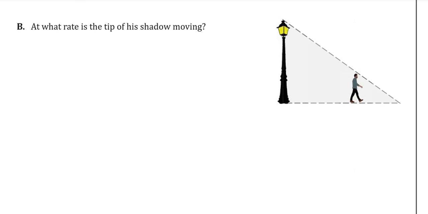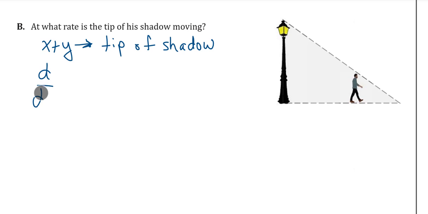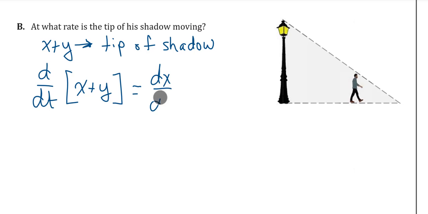We're looking at the rate of change of x plus y. That's where the tip of the shadow is. Okay, so I know we don't have a real equation, we have a relationship here, but I will get there eventually. This is going to be dx dt plus dy dt.